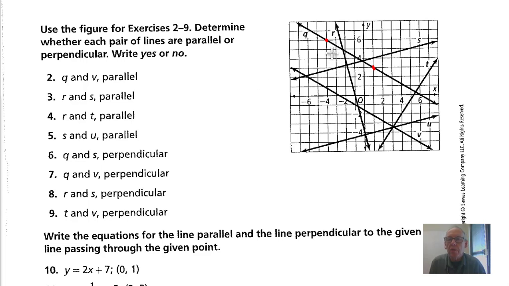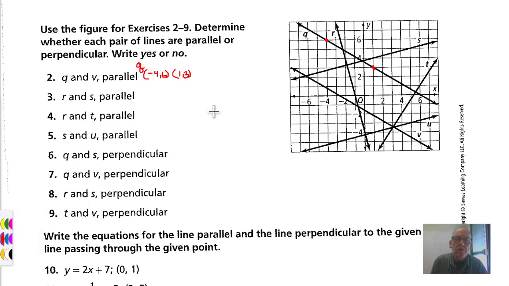So that's 2 points I can use for Q's slope. That's negative 4, 6. This is for Q. And we're also going to use over 1, up 3, so 1, 3. So we're going to use those 2 points to find the slope for Q.